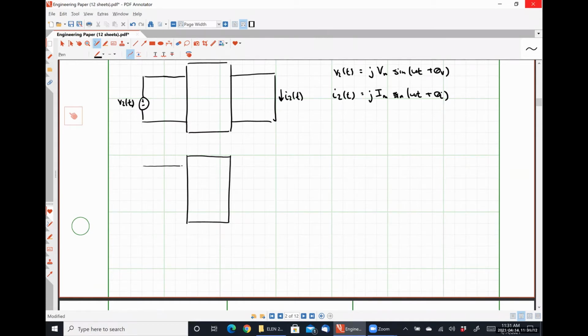My same linear black box network, now I'm applying V1 plus V2.